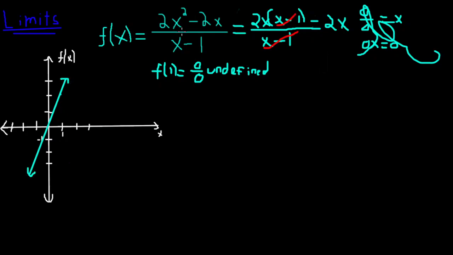But we have to be careful, because when x is 1, the function doesn't actually exist. So, let's go back. Instead of plotting a point where x is 1, we should plot a hole.